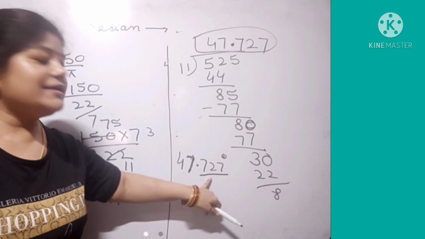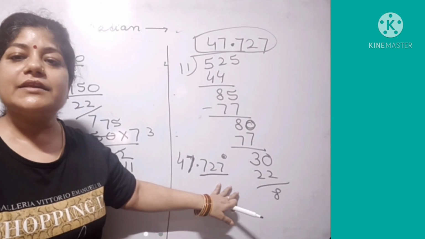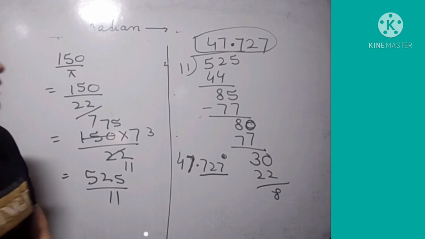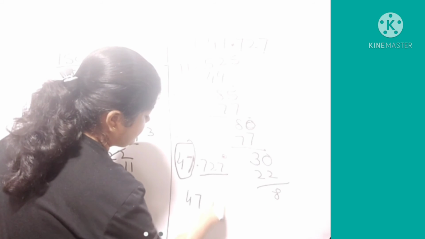If these values are less than 60, then it is okay. But these values are greater than 60. So what do we do? We do the next step. We have 47 degree. This is the correct one. 47 degree.